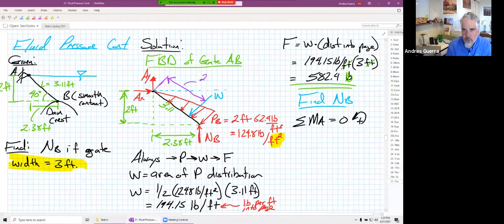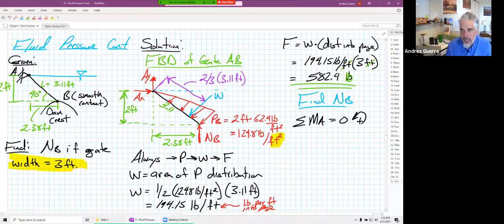And that would be 2/3 times 3.11 feet, how far W is from point A. Since we know it's perpendicular to the gate, it's nice and easy to just take 2/3 of that total length of the gate.